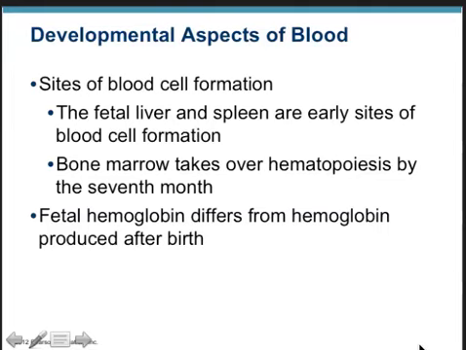And the reason for this is so that oxygen can be exchanged between the mother's blood and the baby's blood, partly as a result of the difference in oxygen concentration in the blood that's coming to the placenta from the baby compared to the mother's arterial blood that is perfusing the placenta, but also due to the fact that this fetal hemoglobin is better at binding to oxygen than the mother's hemoglobin is.